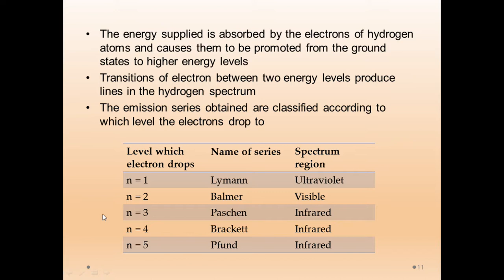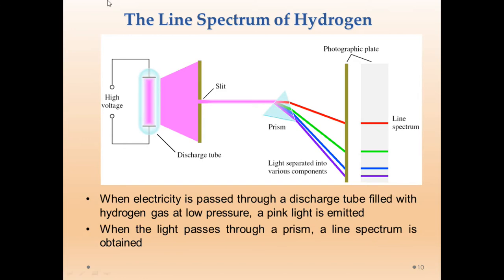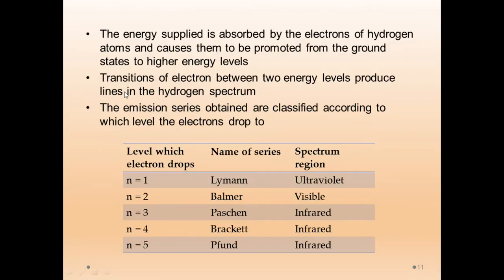Of course, when we supply some energy, the electron will absorb it. This is the process that happens in this particular tube. The energy causes the electron of a hydrogen atom to be promoted from the ground state to a higher energy level.